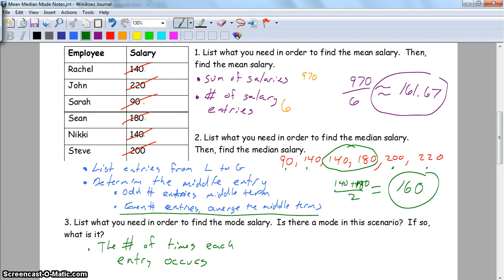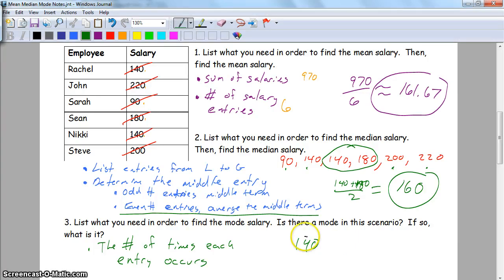Now, we're really looking for high frequency entries. Right? So up here, when we listed them all out, 220 was once, 200 was once, 180 was once. 140 had some frequency to it though, right? It happened twice. And 90. So here, because 140 happened twice, our mode is 140.